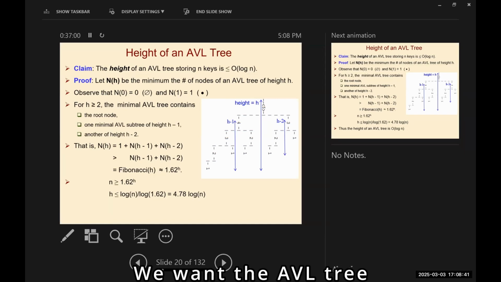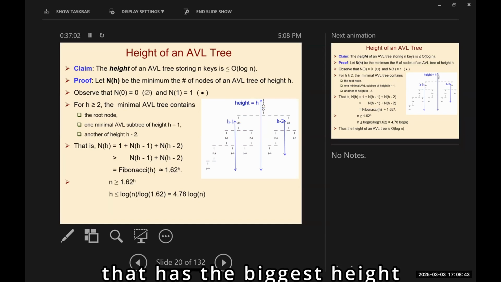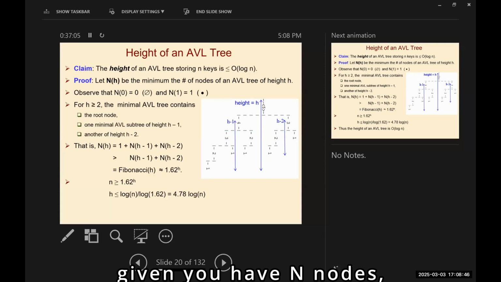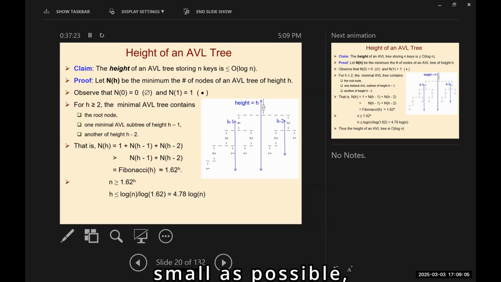We want the AVL tree that has the biggest height given you have n nodes, right? And n is fixed. So let's change it slightly. Let's make this fixed and make this as small as possible, right?